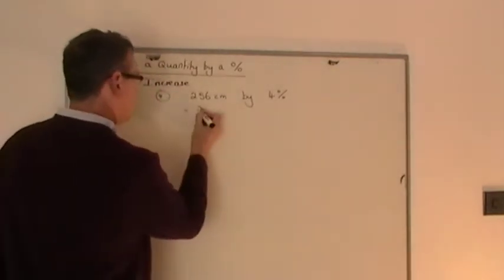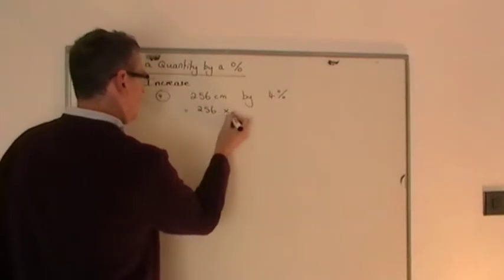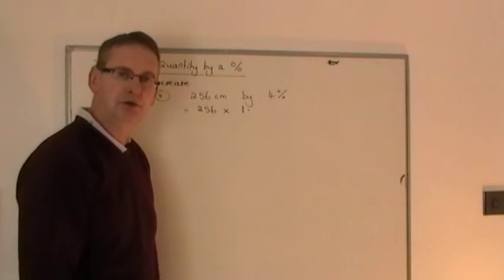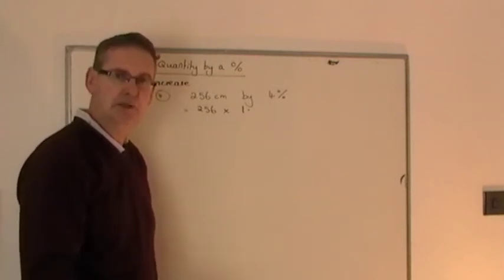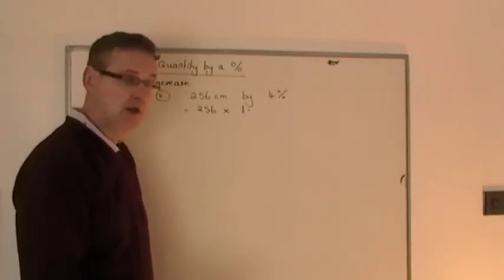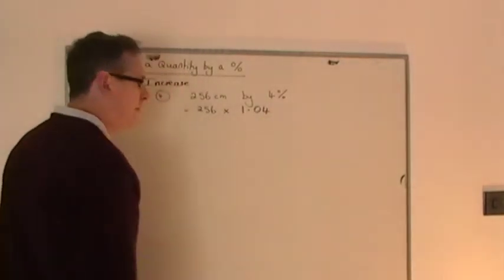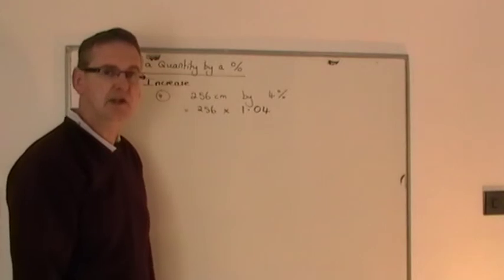All you've got to do is take the 256 centimetres and multiply it by 1 point. Now just be careful, it's not 1.4 because 1.4 actually means 1.40. If you want just a 4% increase, it's 1.04 that you need to write down.